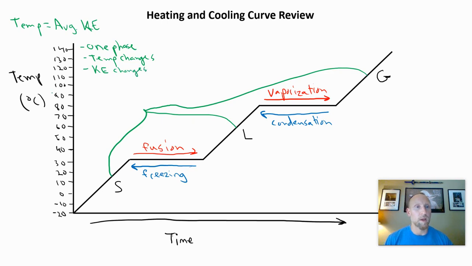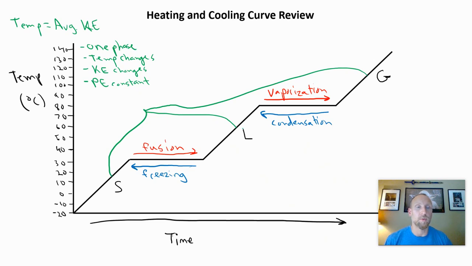All right? And if my kinetic energy is changing, my potential energy is staying constant. It is not changing, right? Why isn't it changing? Because potential energy only changes during a phase change. And we're not changing phase when we're in these slope portions of the diagram. That's all a single phase, all right?